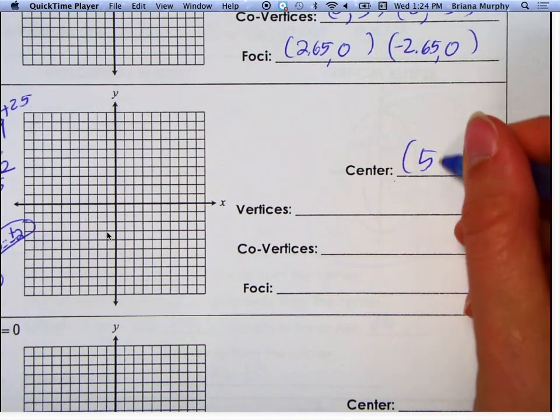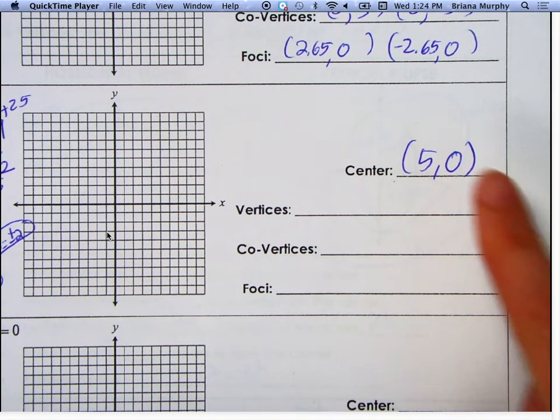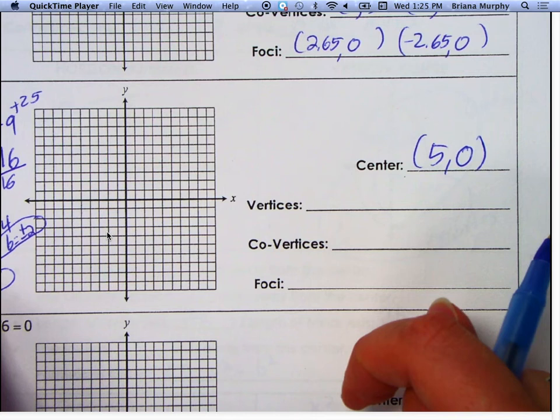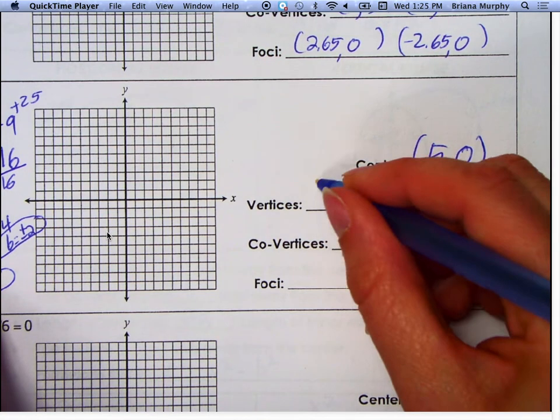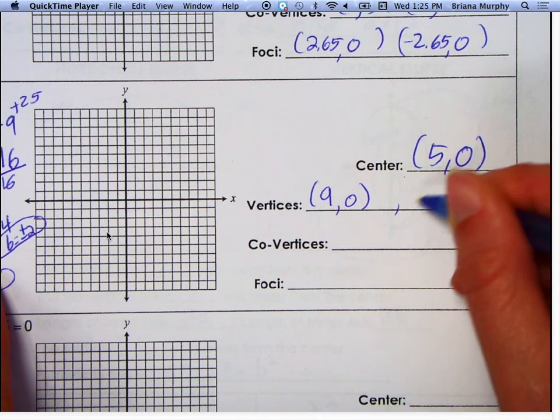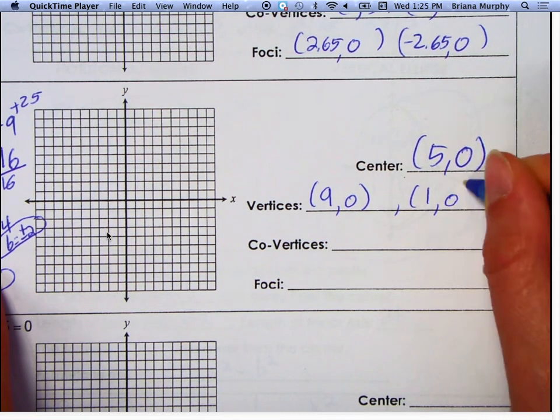5, 0. Good. So that means anything that has an x, I'm going to have to add a 5 to. Okay? What are my vertices? Are they going to be under the x, and I'm going to use that, or am I going to use what's under the y? What's under the x, right? Because the x is bigger. So I'm going to say 9, 0, and 1, 0.